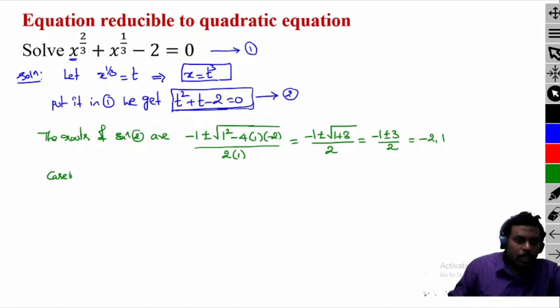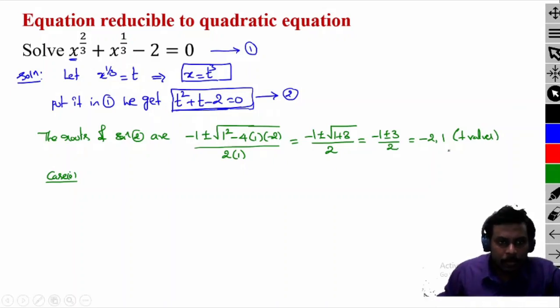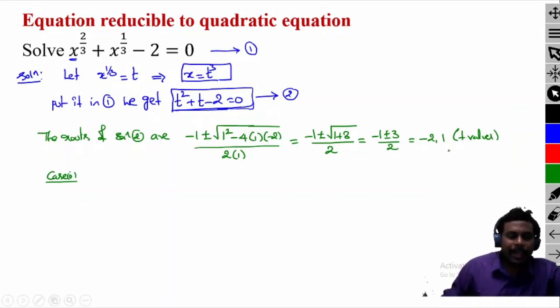Of course, we have not solved the equation completely, we have solved it partially. That means we have solved for the values of t. These are the t values. But in the question, we are asked to solve for x values.